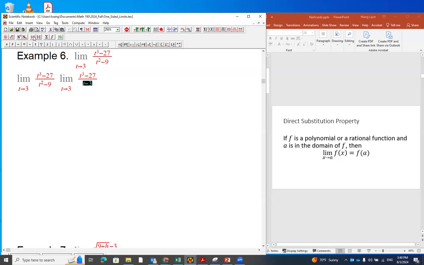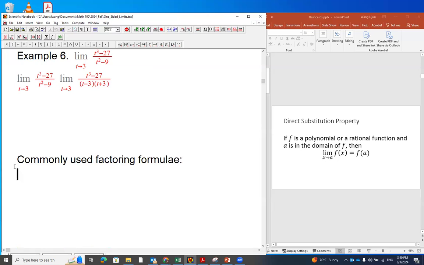T squared minus 9 is t minus 3 times t plus 3. This is a very commonly used factoring formula.